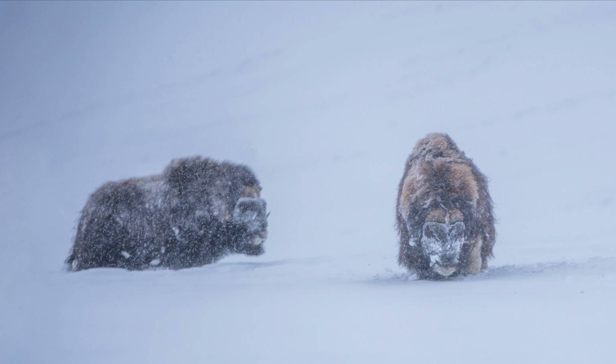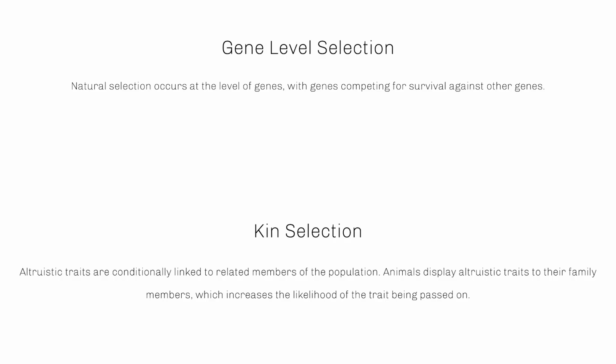Because male musk oxen are larger and females and adolescents are smaller, the males are more likely to engage with potential predators because they feel that they are more likely to win that altercation. This does not rely on a group-level selection theory to explain altruistic behavior. Instead, this could be considered an example of gene-level selection theory. When we compare our definitions of gene-level selection and kin selection, we can see that they're actually quite compatible.